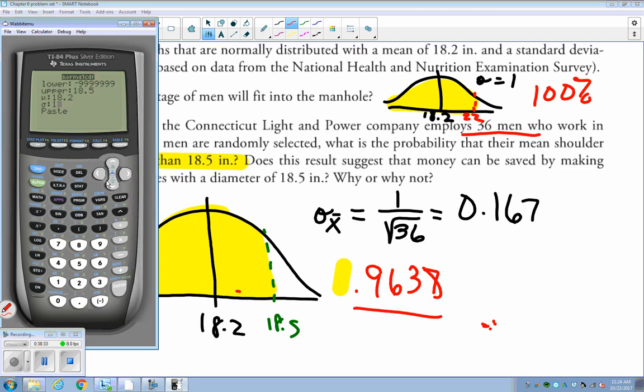Because now I just want to look at, should I make those smaller or not? Not based on the 36 that's a random sample. Instead, the whole population. What percent of my population would fit in a manhole of 18.5? So when I did that, it's only 61%, 62%. So I'd be cutting down a lot of the population.